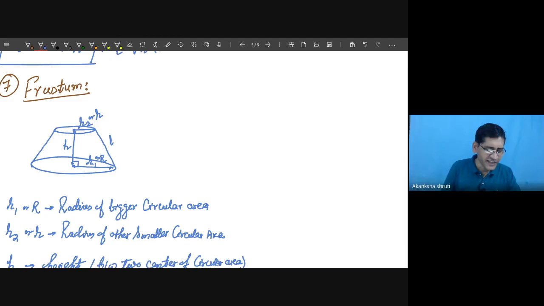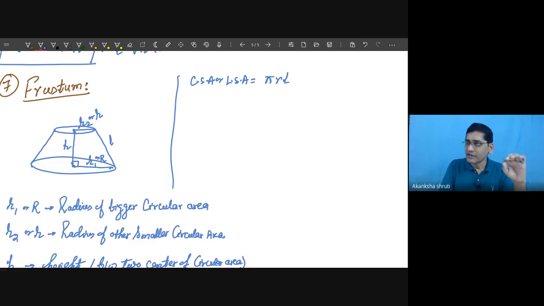A student, in this case, keep in mind the curved surface area or lateral surface area. What was the earlier one? Earlier it was pi R L. Here, just keep in mind that now we have two kinds of R. So this R shall now be replaced by R1 plus R2.